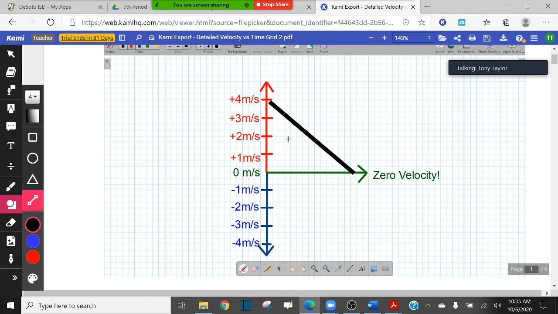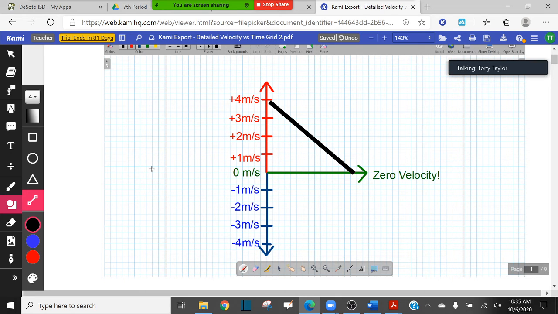Remember, anything that appears on the top half is moving in the positive direction, and anything on the bottom half is moving in the negative direction. So if I had taken this same line and drawn it down here, that would be a negative velocity because I drew my line on the negative end. But here, this entire line is on the positive end, so that's a positive velocity.